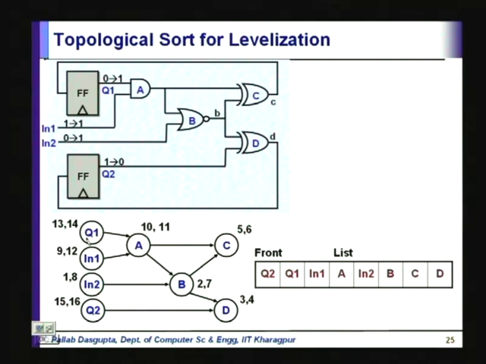Now, we will start by doing a depth first search from those nodes which have no incoming edges, right. So, we will start depth first search from there and we will start numbering the nodes in the order that they are visited by the depth first search, right.